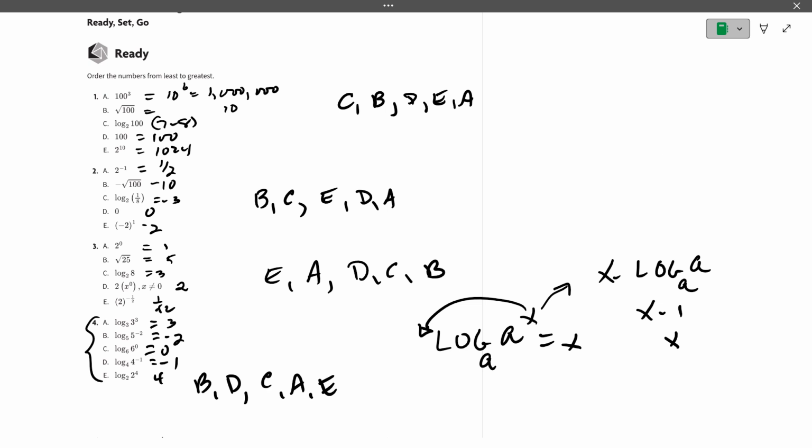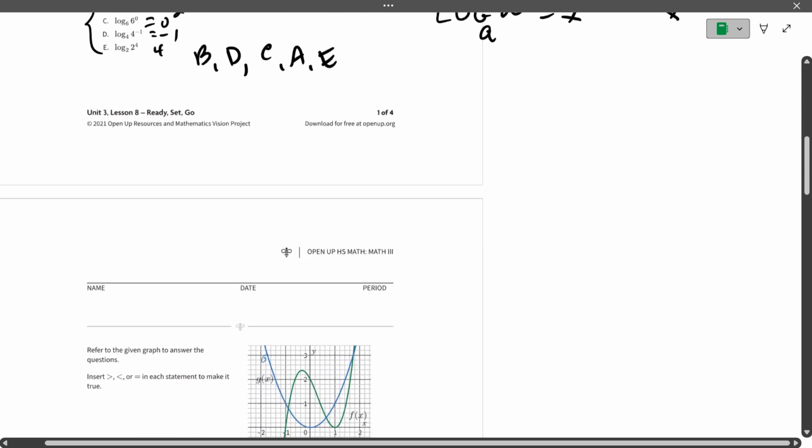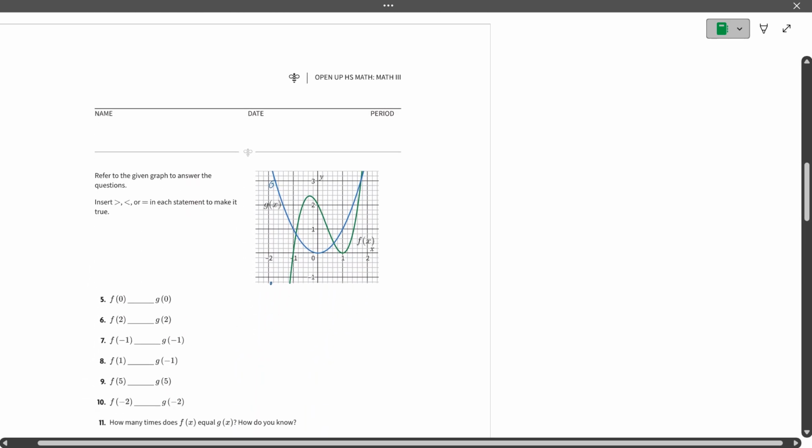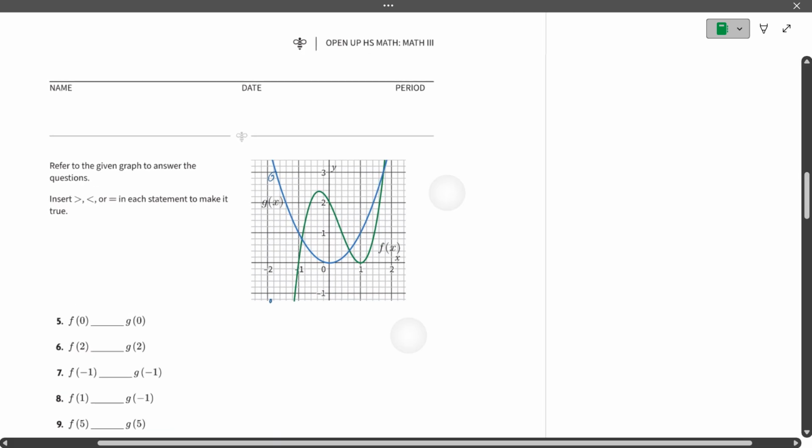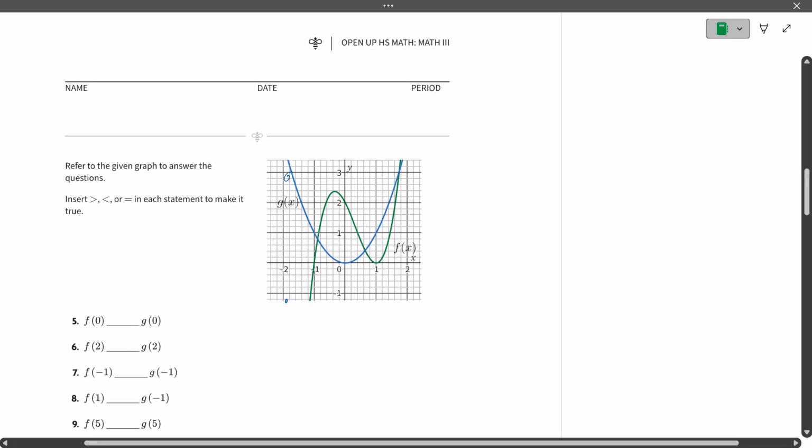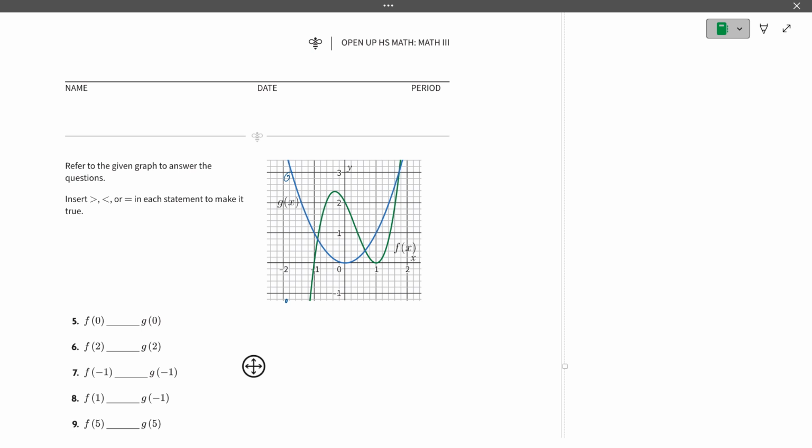Right? You may have seen a message flash in there. I apologize for that. All right, on this next section, I'll try to blow this graph up a little bit. The g of x function is in blue, and the f of x function is in green. When they intersect, they'll be equal.